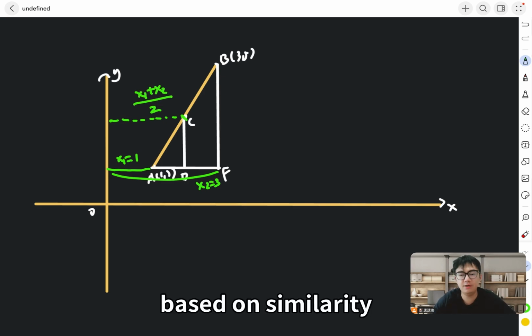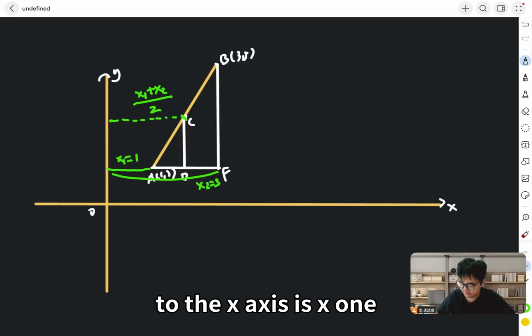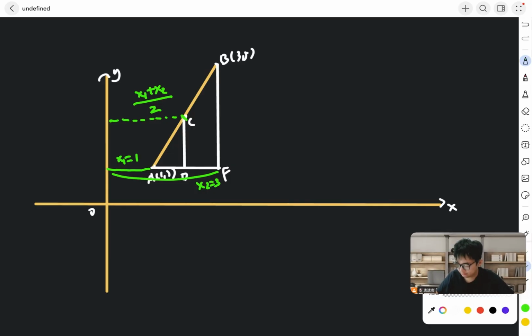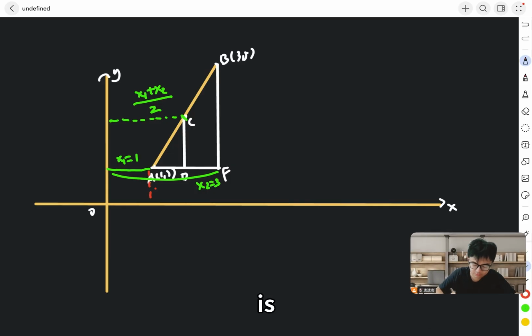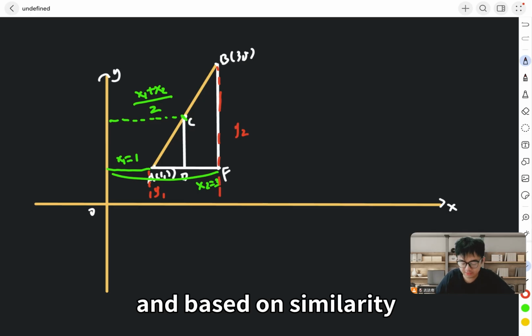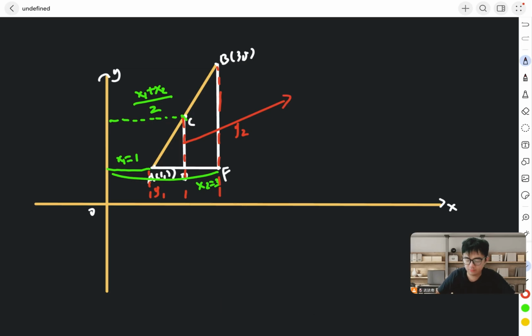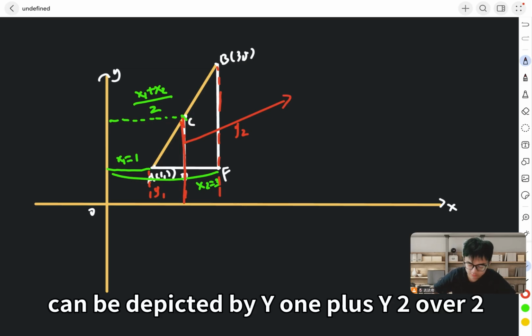Similarly, the vertical distance to the x-axis for A is y1, and for B is y2. Based on similarity, this length can be depicted by (y1 plus y2) over 2.